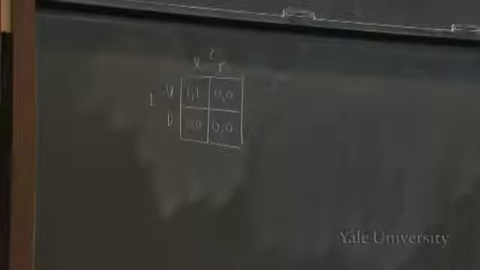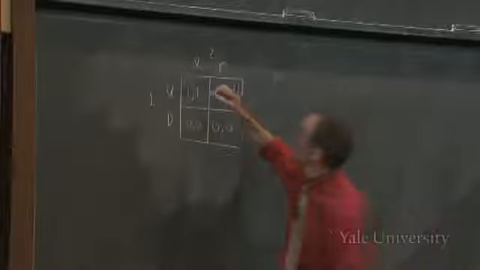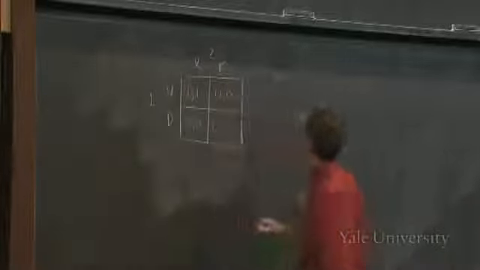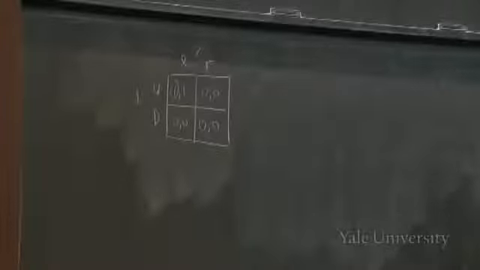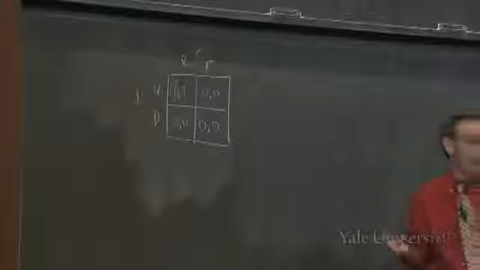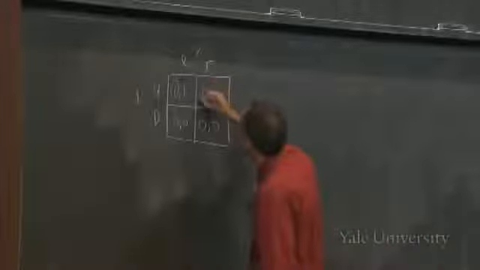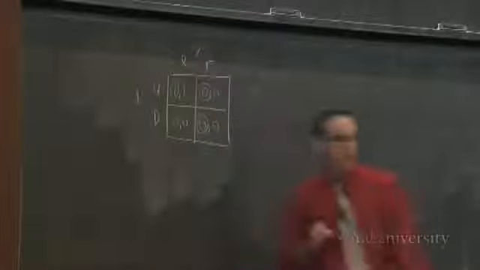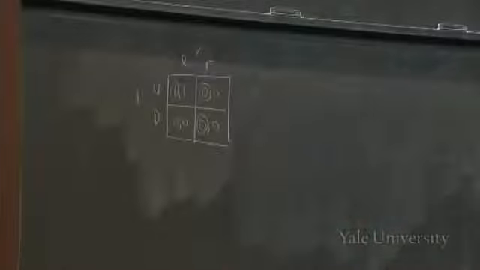The best response for player 1, if player 2 plays left, is clearly to choose up. And the best response of player 1, if player 2 chooses right, is either up or down, because either way they get 0. So these are both best responses. They both do equally well.